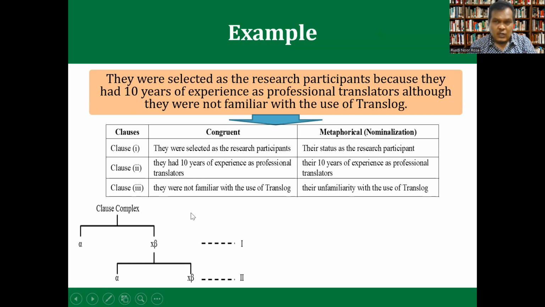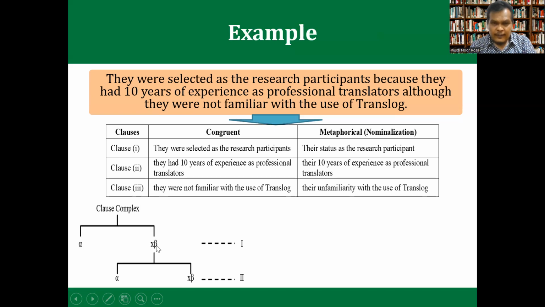Now, when we consider this clause complex, you see that the logical relation among the clauses here is called hypotactic relation. Therefore, we use alpha and we use beta. And we use here the multiple mark because alpha here is extended by beta.